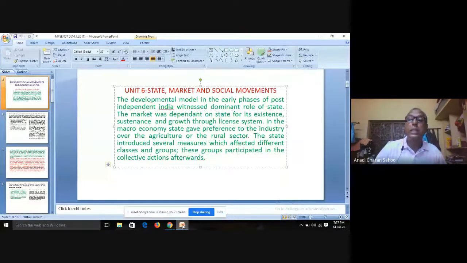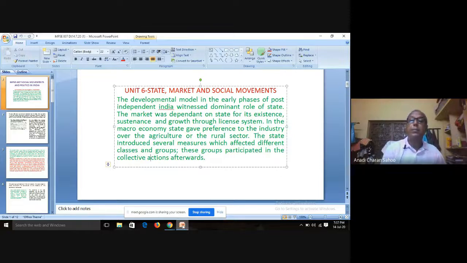We could see the phase from 1947 to 1990, and another from 1991 onwards. The Nehru period is the first phase, and the P.V. Narasimha Rao period is the second phase. Two perspectives have been followed to analyze the Indian state.